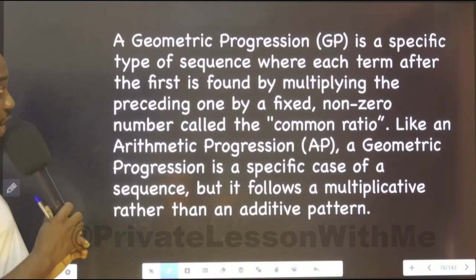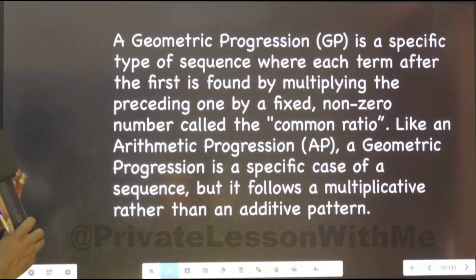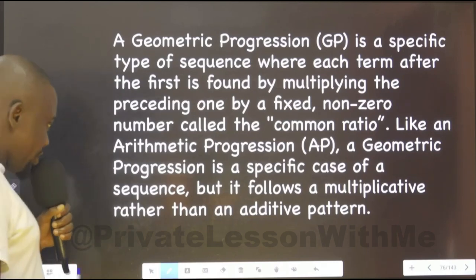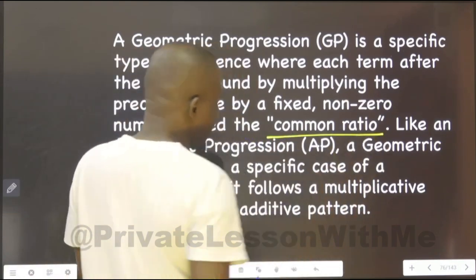A geometric progression is a specific type of sequence where each term after the first is found by multiplying the preceding one by a fixed non-zero number called the common ratio. Okay?